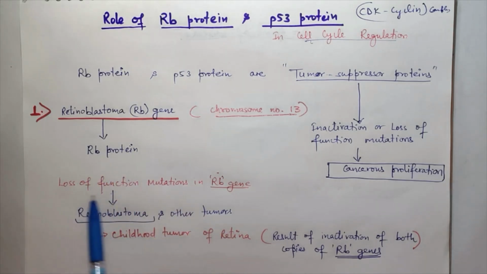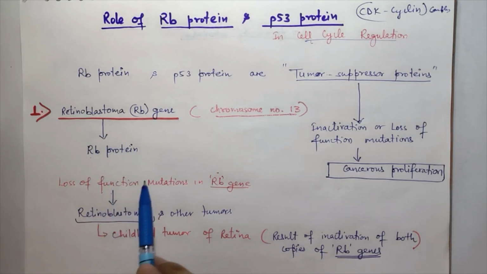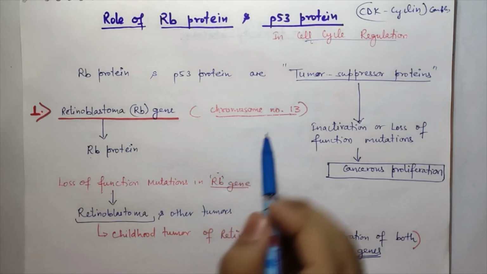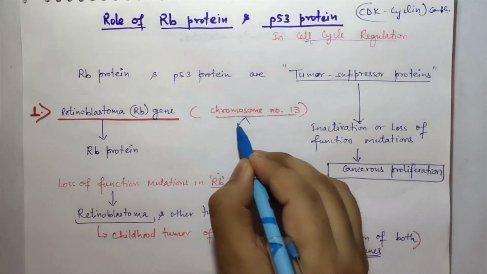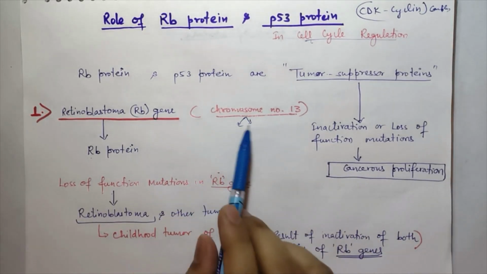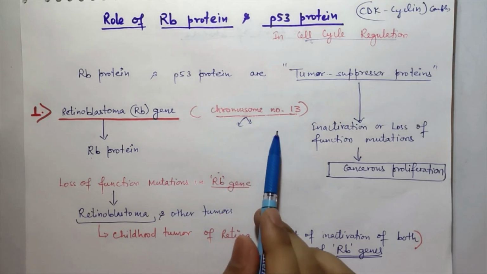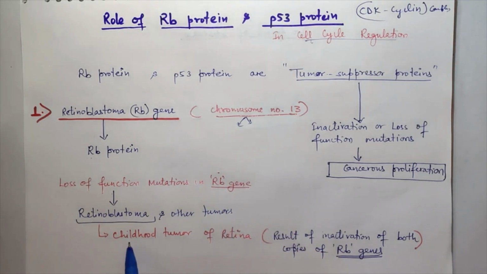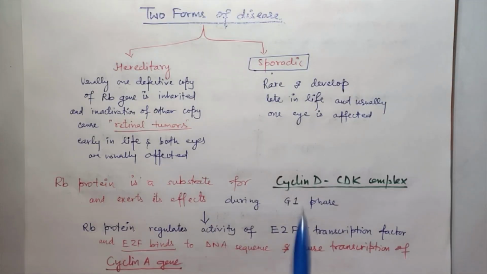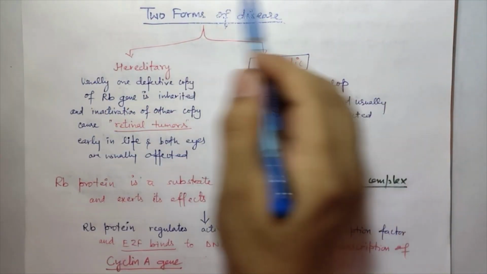But loss of function mutations in the RB gene or its RB protein can cause retinoblastoma or other tumor types, for example, a childhood tumor of the retina, which results from inactivation of both copies found on the homologous pair of chromosomes. If they are both inactivated or mutated, it can lead to a childhood tumor of the retina. And these tumors are of retinoblastoma type.